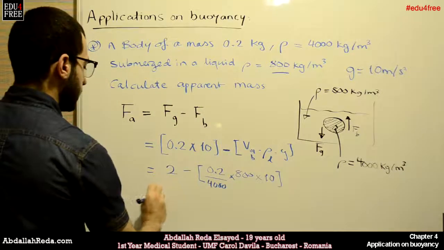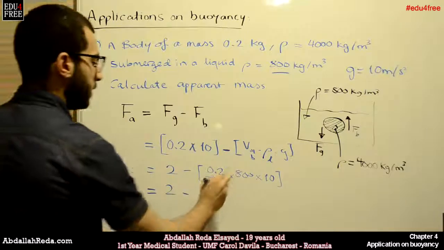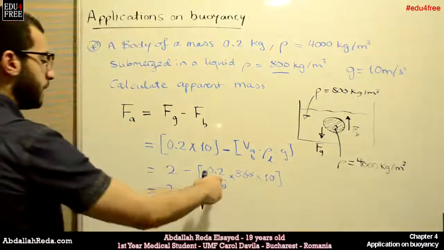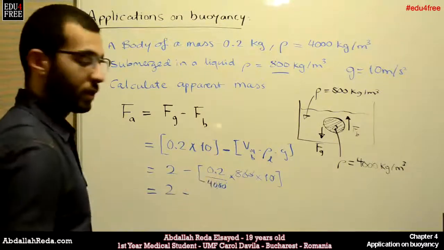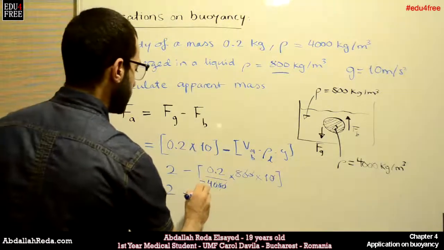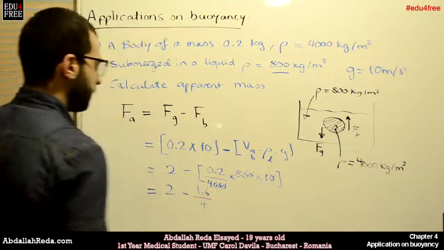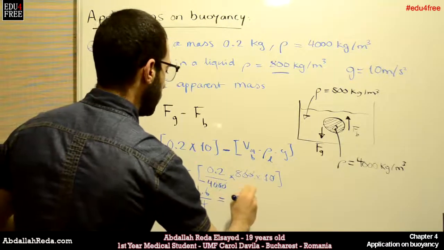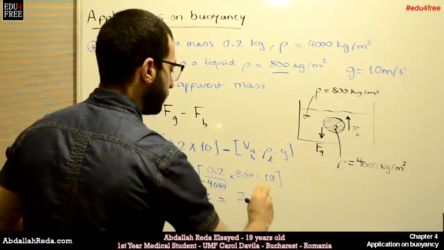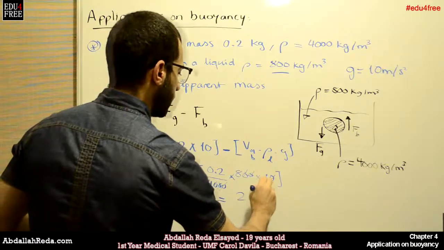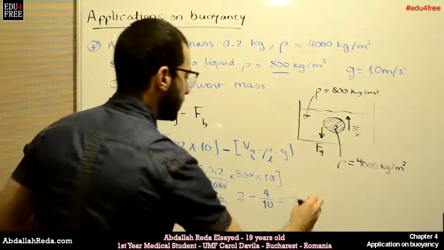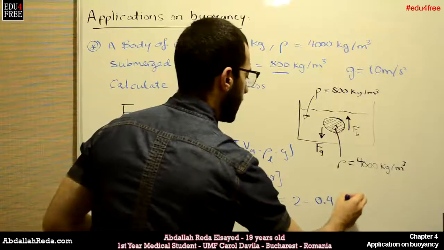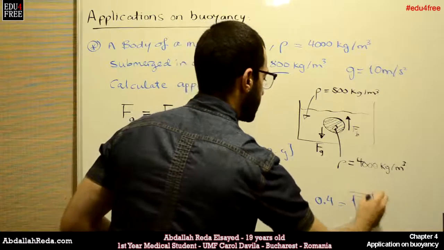So this will equal 2 minus, here all the zeros will be cancelled. We have 8 multiplied by 0.2 is 1.6. 1.6 divided by 4 is 0.4, so 2 minus 0.4, so we will have 1.6.